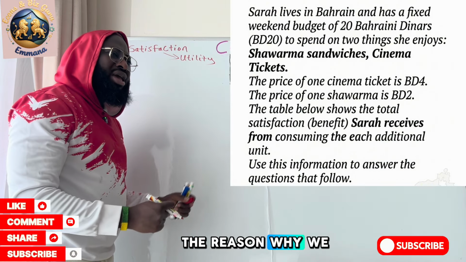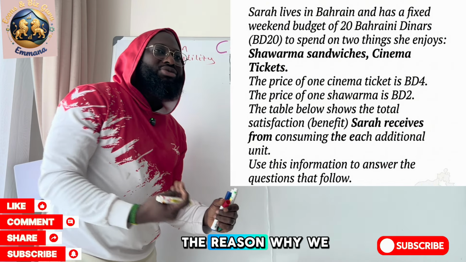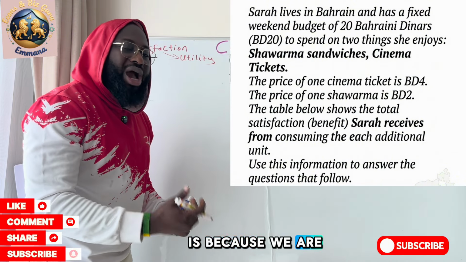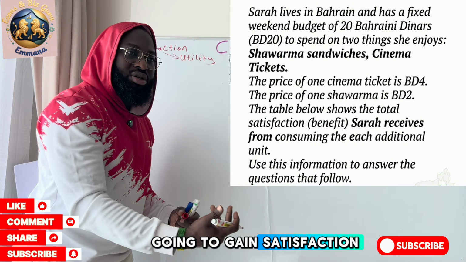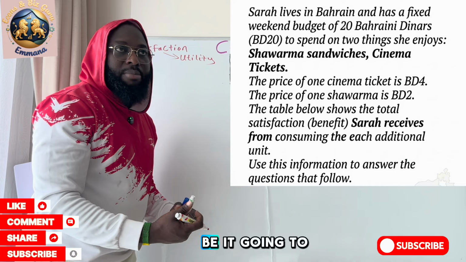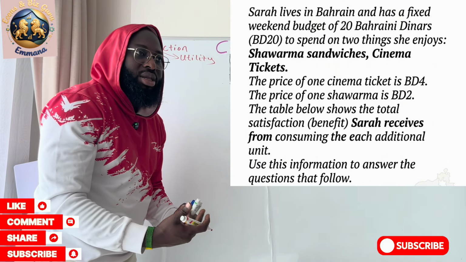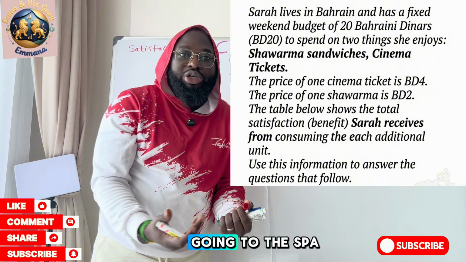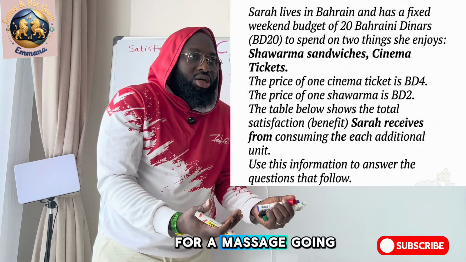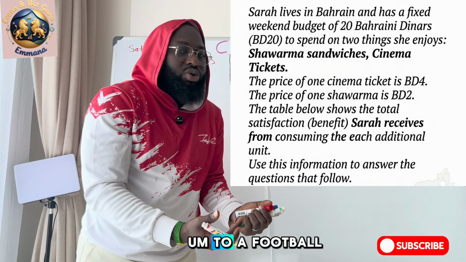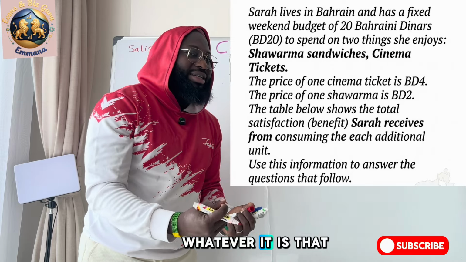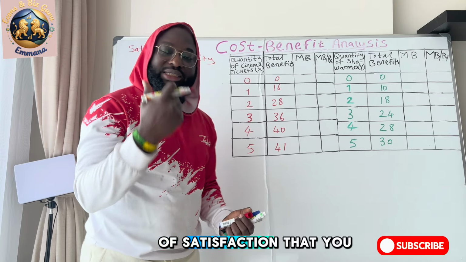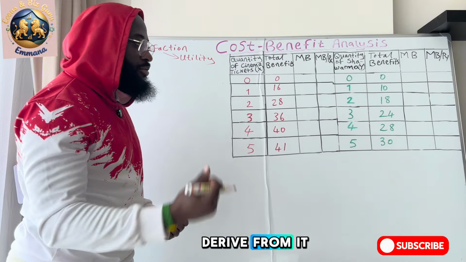The reason why we spend our money on anything is because we are going to gain satisfaction from that thing. Be it going to the cinema, buying shawarma, buying a burger, going to the spa for a massage, or going to a football game, whatever you spend your money on is because of the satisfaction that you derive from it.